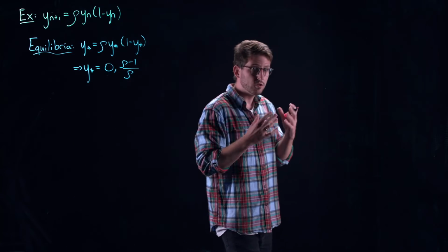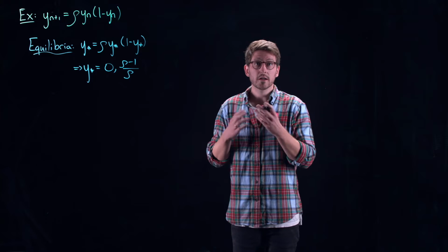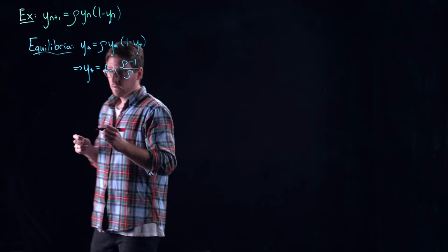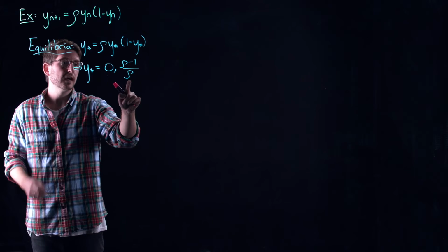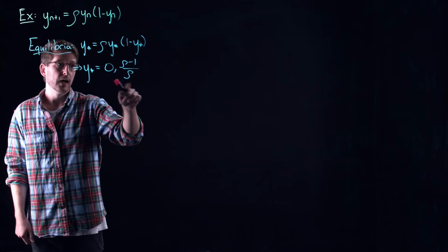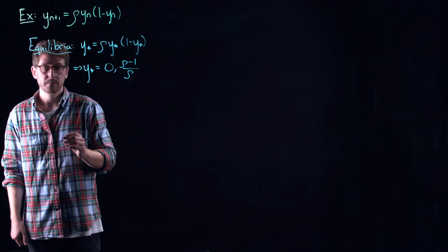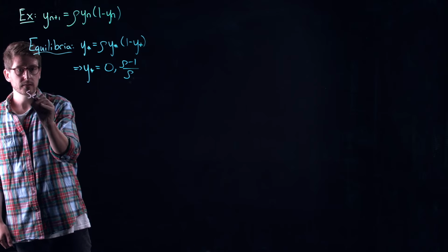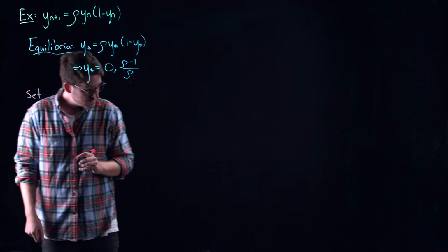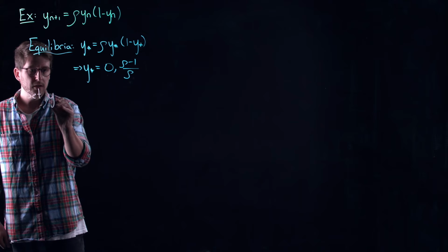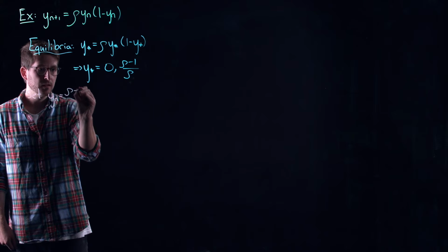So the question is, do solutions or iterates that start nearby remain nearby? I'm going to do this in the context of the non-trivial equilibrium here. So let's do a little perturbation around it. Let me imagine my iterates look like this.